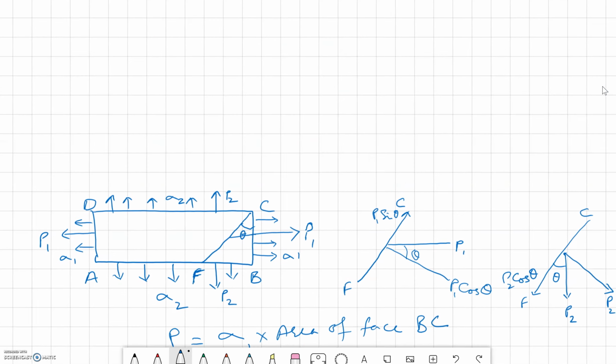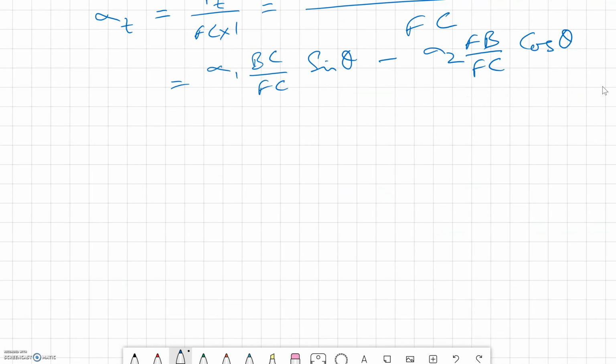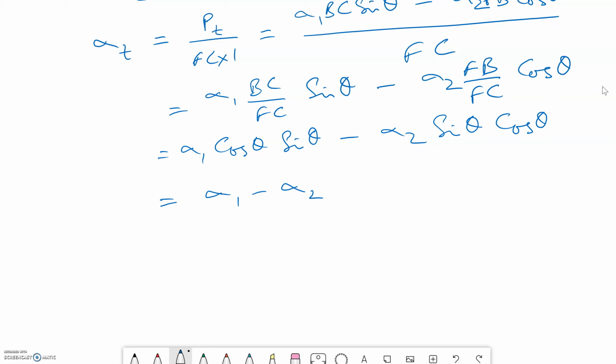Now if we go back to our triangle FCB, we are looking at BC by FC, which will be cos theta, and then FB by FC, which will be sine theta. So this time we get sigma 1 cos theta sine theta minus sigma 2 sine theta cos theta. Okay, we can take sine theta cos theta common, so you get sigma 1 minus sigma 2 sine theta cos theta.